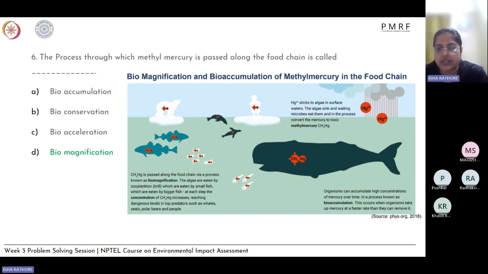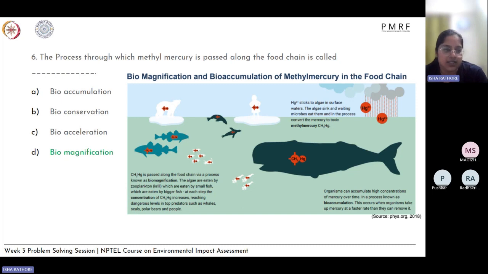Bioaccumulation is when organisms accumulate high concentration of mercury over time. Biomagnification is when this methyl mercury concentration is being passed in the food chain.